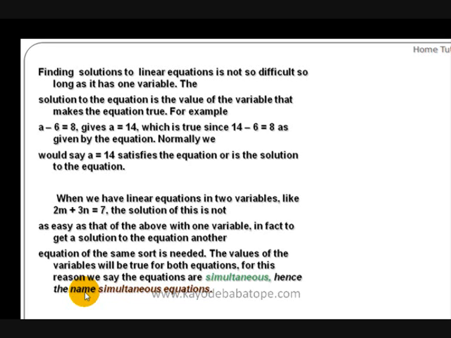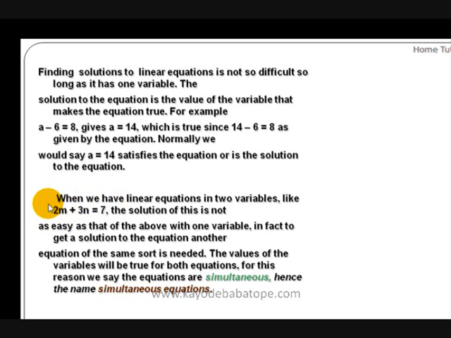In order to solve a linear equation in just one variable, it's quite easy to solve. Like we see here, a minus 6 equals to 8. It's easy to solve for a. However, if we have a linear equation in two variables, for example, 2m plus 3n equals to 7, this equation cannot be easily solved alone. It's not even possible to solve this equation alone.